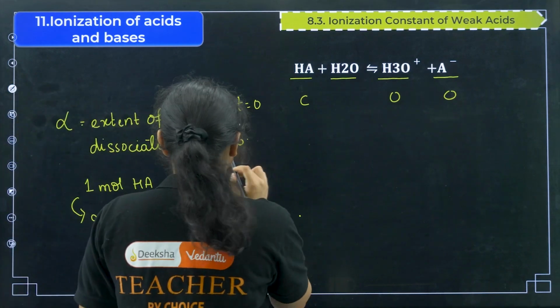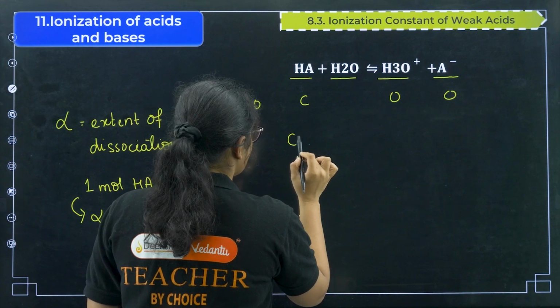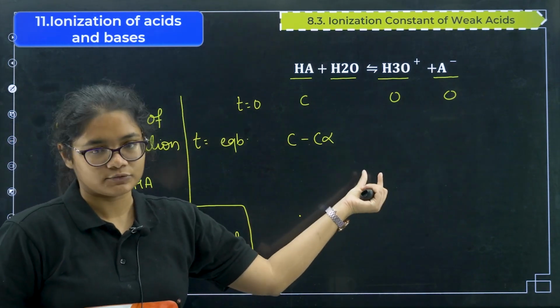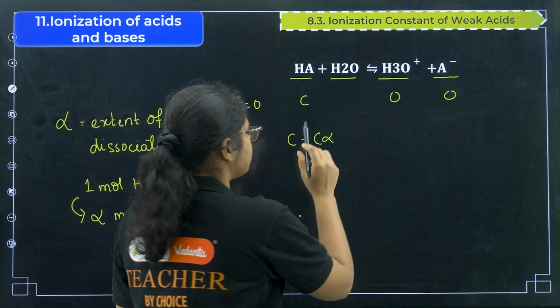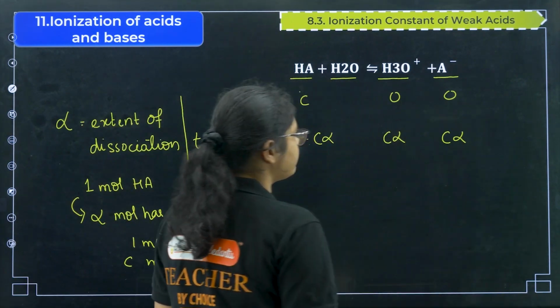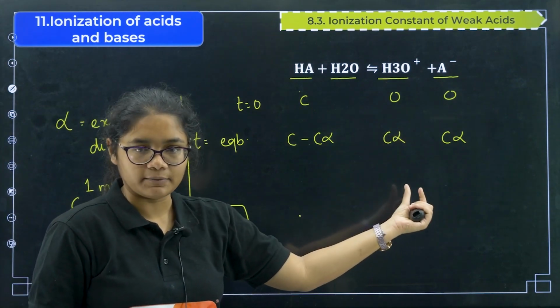So at equilibrium, I have C minus C alpha, where C alpha is the amount that has dissociated. Then we get C alpha of H3O+ and C alpha of A-. How much is dissociating, that much amount will form here.